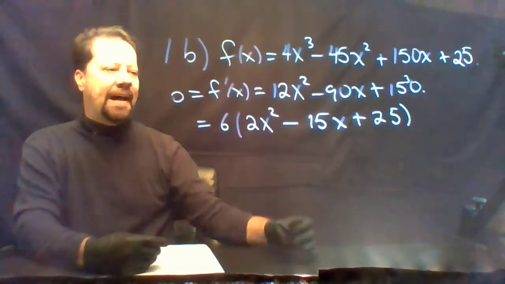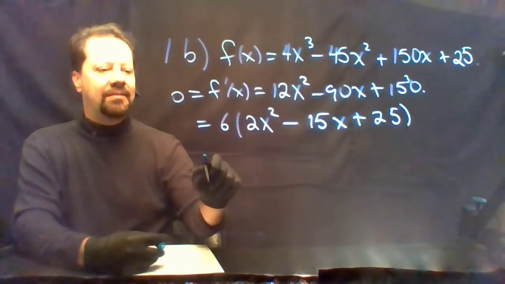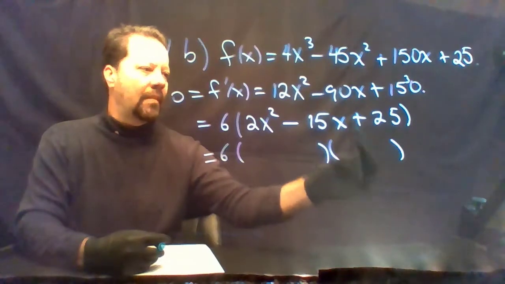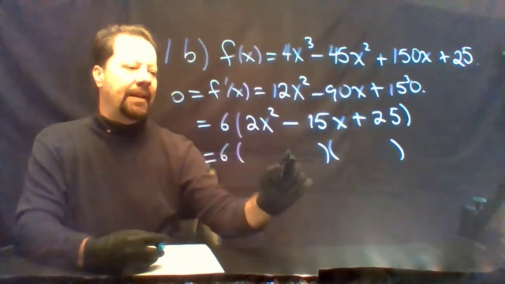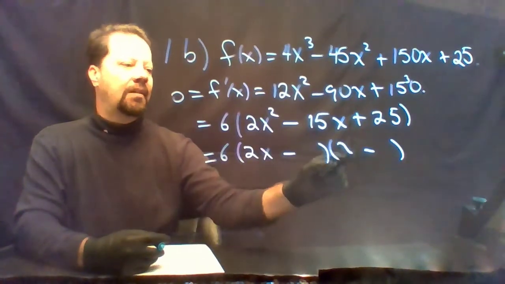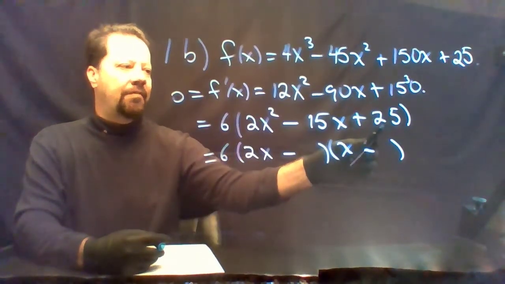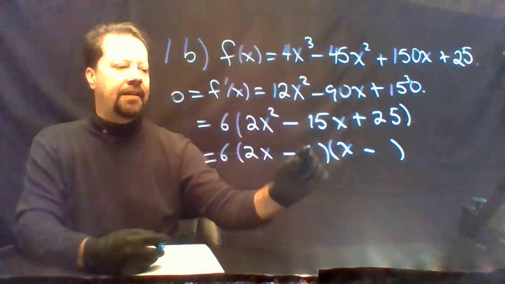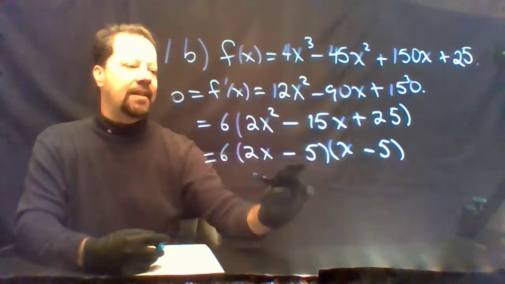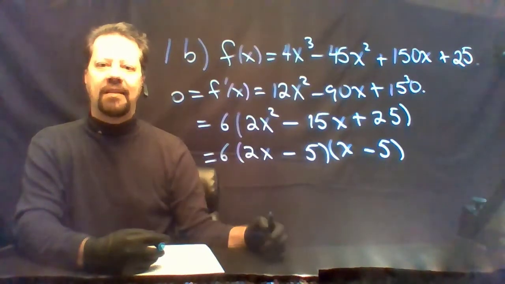We now need to factor the quadratic. Both will be minus. We'll have a 2x and an x. Factors of 25 are 5 and 5. This will give us minus 10, and minus 5 is minus 15.